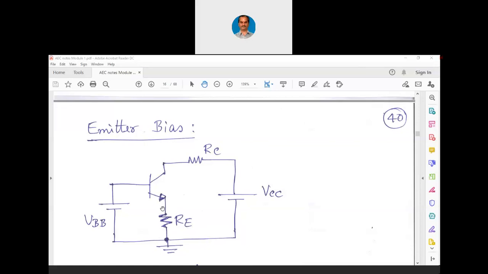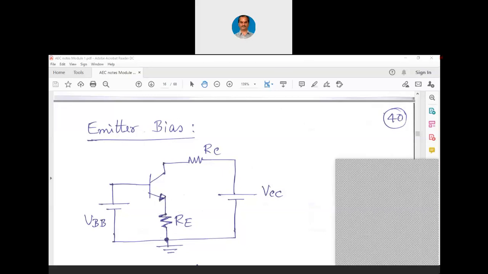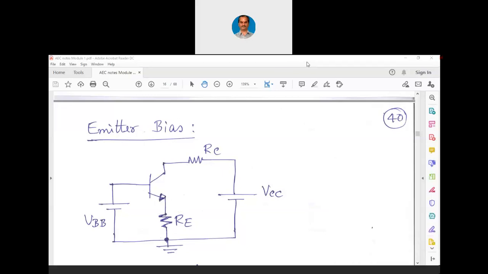You can visualize that voltage across RE, let us say we call it as VE. VE is equal to IE into RE. IE is nothing but IB plus IC. Now, if IB increases, IC also increases because IC is nothing but beta into IB. Now, when IC increases, IE increases. When IE increases, there will be a voltage drop across this RE. Let me use annotation tool and let me simply write one value there.